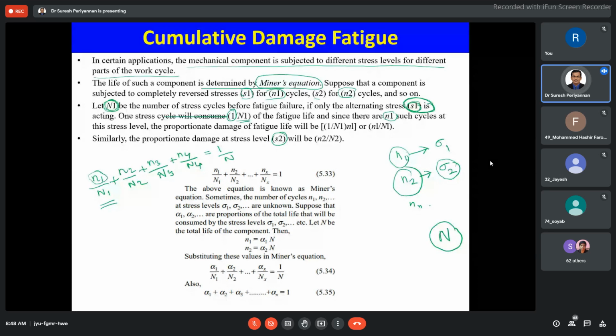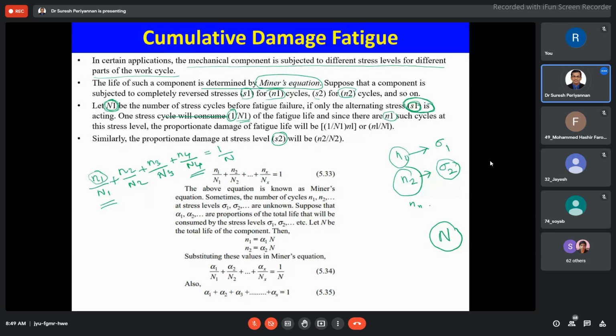Now see here, the damage is proportional to the stress level. Here the proportionality of damage to fatigue life, we are considering n1 by N1, n2 by N2, n3 by N3, n4 by N4.